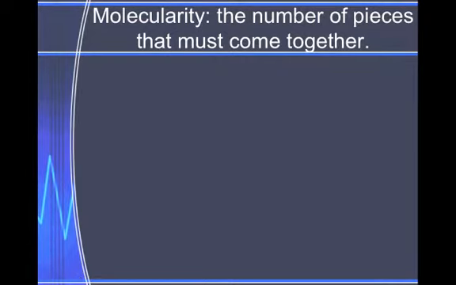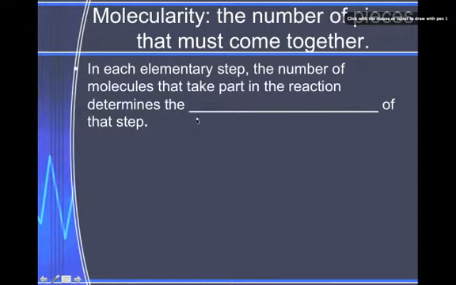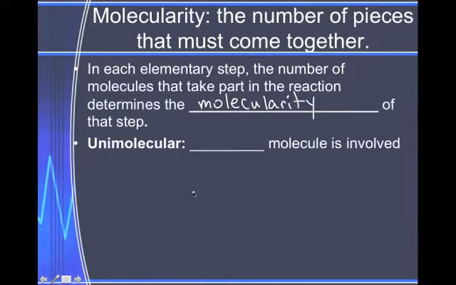The molecularity is a way of describing the number of pieces that have to come together in order for each step to take place. So in each elementary step, the number of molecules that take part in the reaction determine the molecularity of that step. A unimolecular reaction is one in which only one molecule is involved.